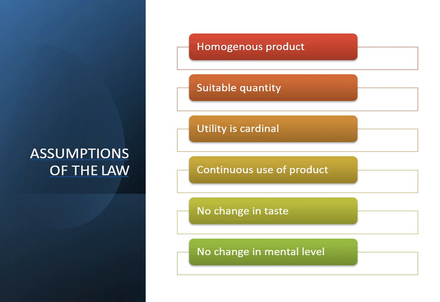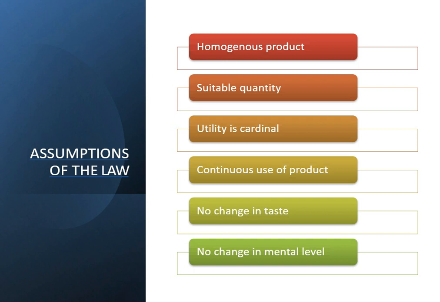For example, we should not drink the whole bottle in a single go or in a single time, or we should not use a very small number of units, otherwise our law will not become true. The third assumption is that utility is cardinal. Utility is cardinal means that we measure utility in numbers like 1, 2, 3, 4.